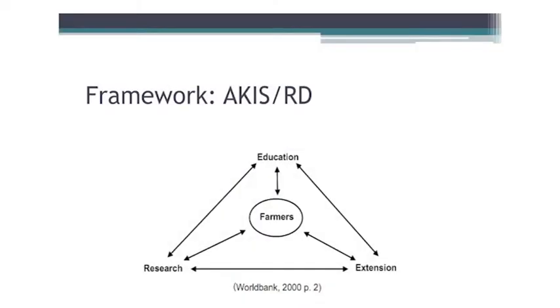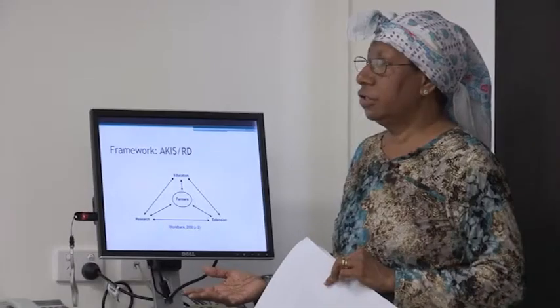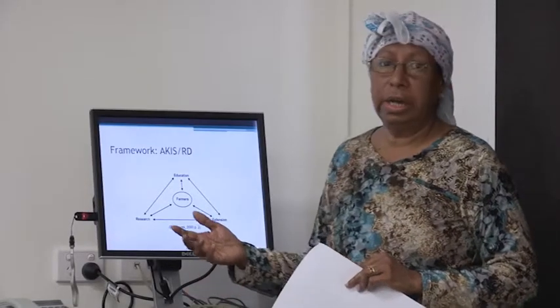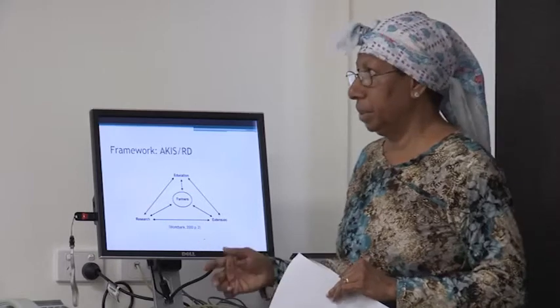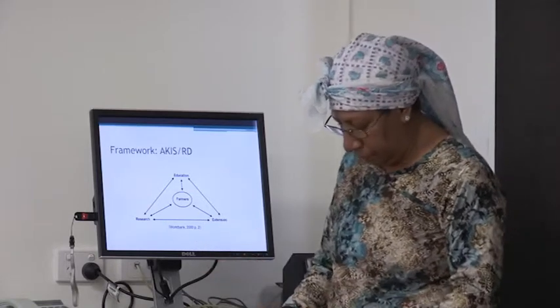And within that framework, you're looking at linkages or connections between different groups of people. That would be maybe the agricultural education, could be extension, could be research, and obviously the farmers have to be a part of this framework.